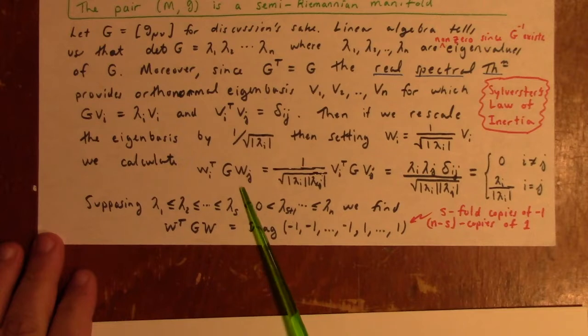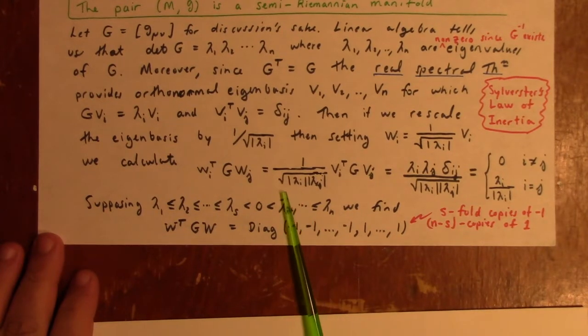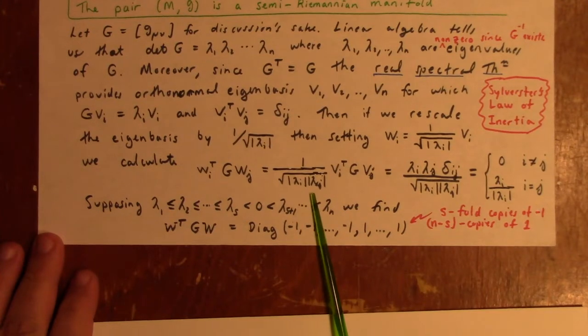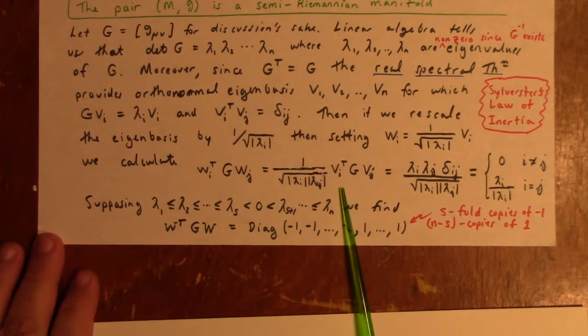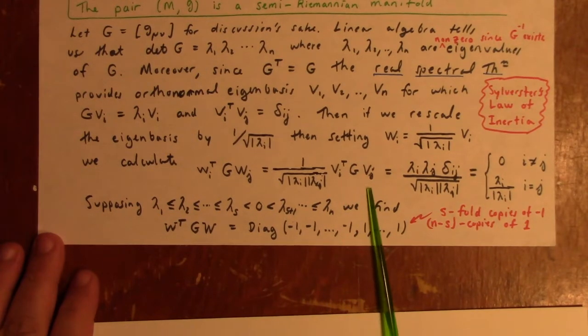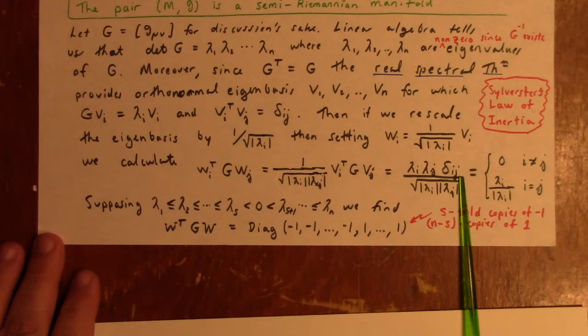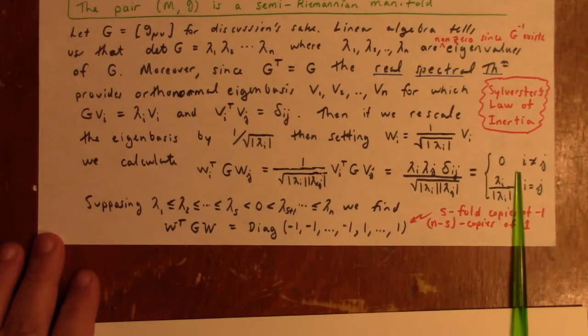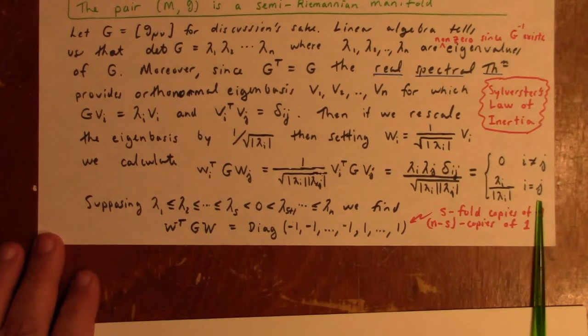Oh yes. So if we do Wi transpose G Wj, well, we get 1 divided by the square root of the absolute value of lambda i, square root of the absolute value of lambda j, and then of course we've got our Vi transpose G Vj, which since these are an eigenbasis, simplifies down to lambda j delta ij. And if you look at this, it's either 0 if i is not equal to j, or it's lambda i over the absolute value of lambda i if i equals j, right?